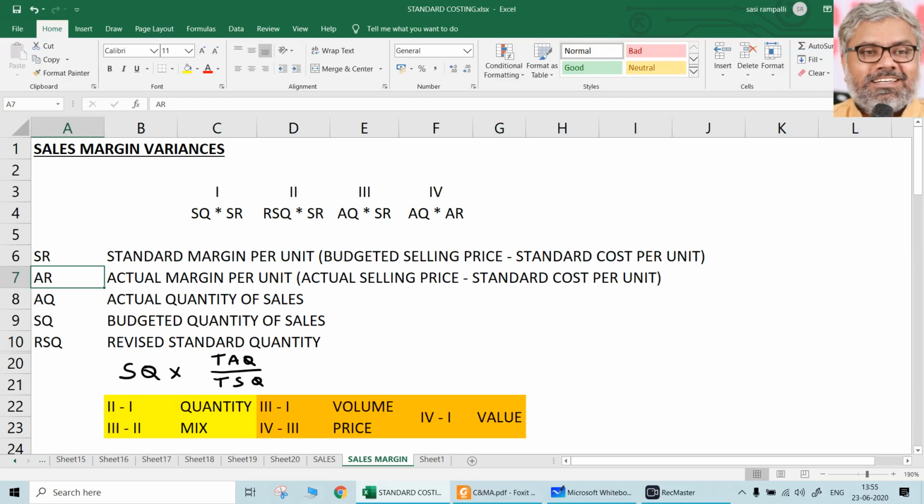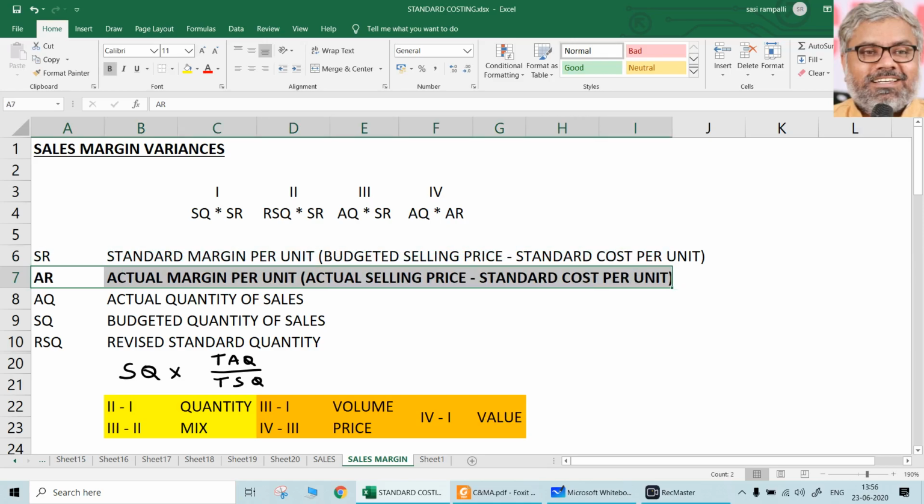They are only concerned with the sales capacity or marketing capability of the enterprise. That is why the actual cost is immaterial. We take standard cost only. Actual selling price matters because that shows the ability of our marketing people to sell at a higher price or not. So actual selling price is taken, minus, instead of actual cost, the standard cost. Remember, this part is very important when we calculate sales margin variances.